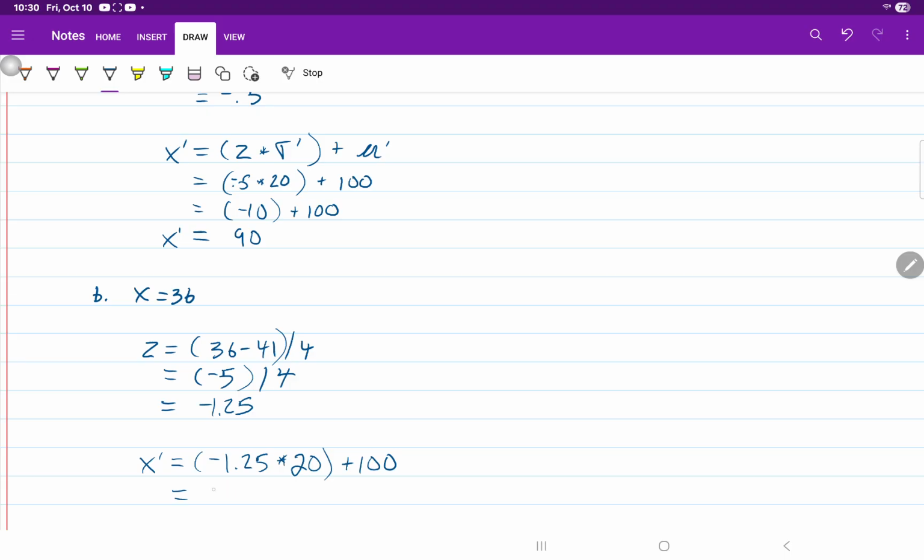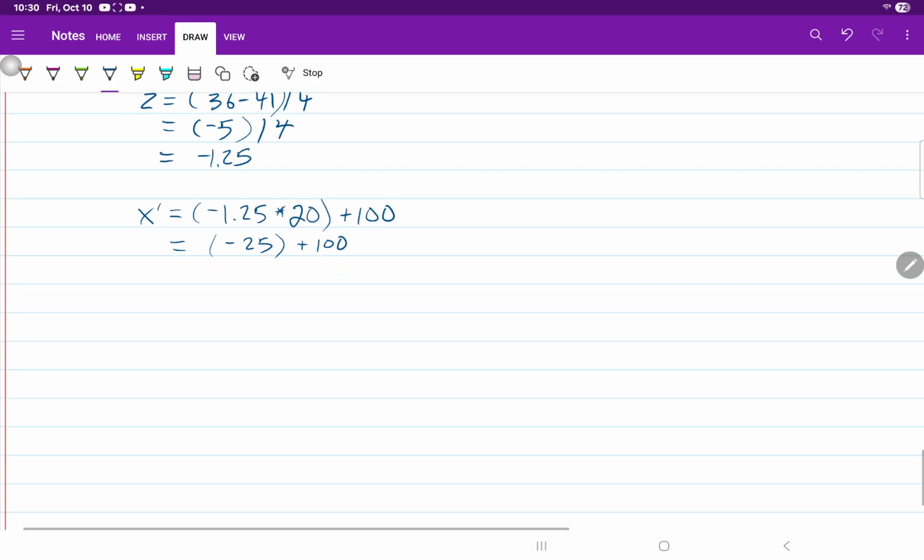This becomes negative 25 plus 100, which gives us a raw score of 75. So x prime for that score of 36 in the first distribution is going to be equal to 75 in the new distribution.